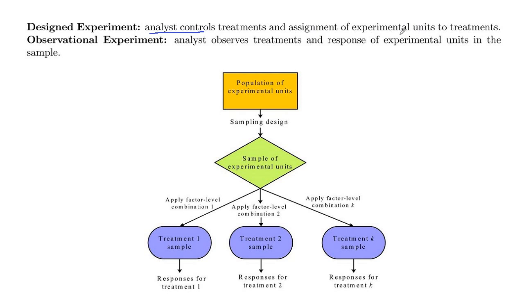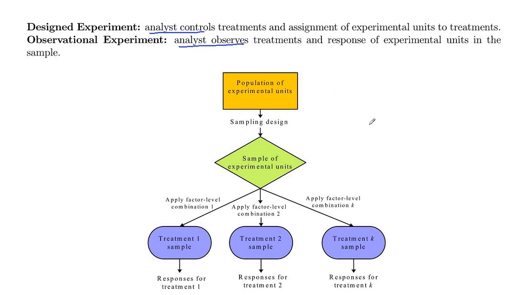So designed experiments would be like an FDA clinical trial where they have a placebo group and a treatment group, and then the researcher is going to assign randomly people to each group and then see what happens. In an observational experiment, there's no control. The analyst just observes the treatments and then the response of the experimental units in that sample.